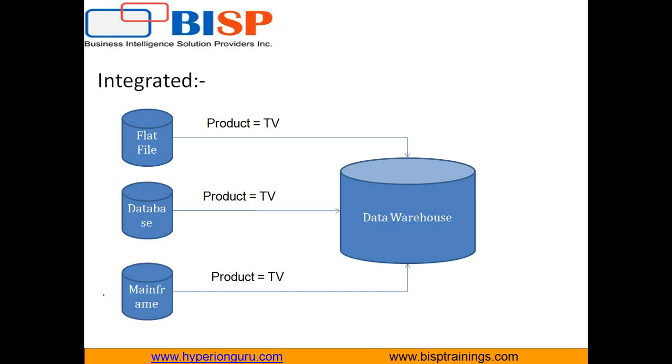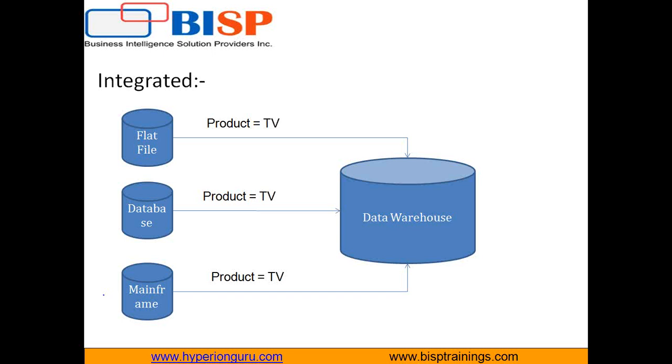You have a database where you store your sales information. You have a flat file inventory where you store the information in a CSV file, and you have a mainframe system. So you have 3 different systems from where you are sourcing the data for the data warehouse.